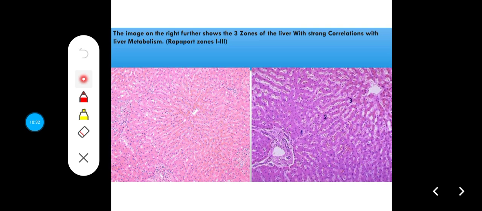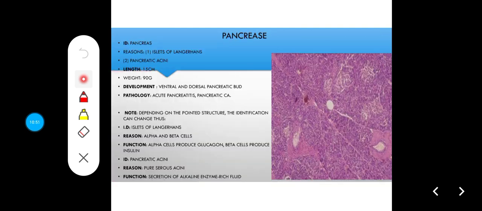So that's it about the liver and the Rappaport zones. So zone 1 being closest to the portal triad, zone 2 the intermediate zone, and then zone 3 being closest to the central vein. So that's it about the liver.